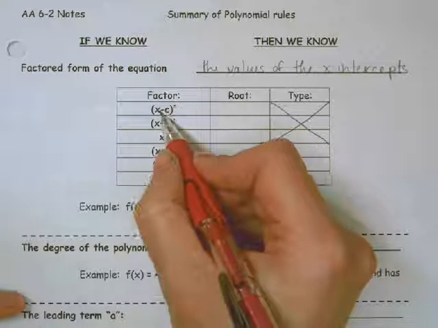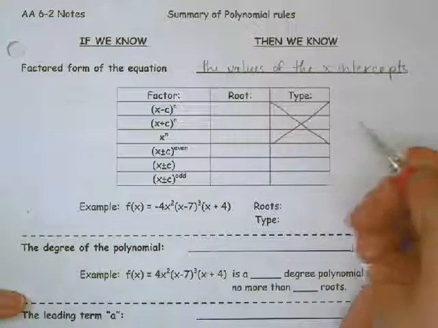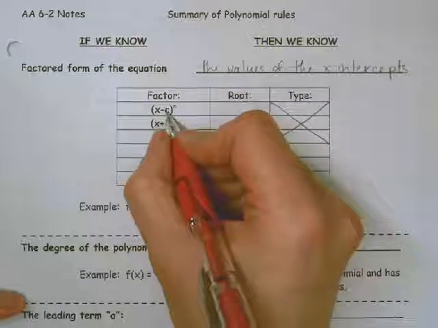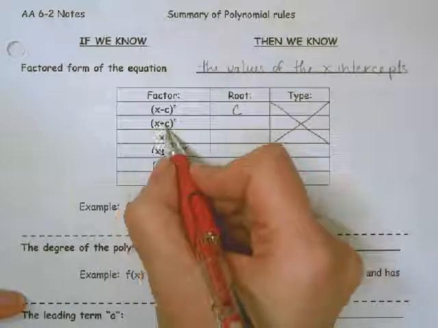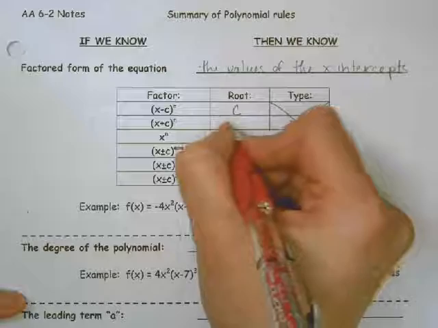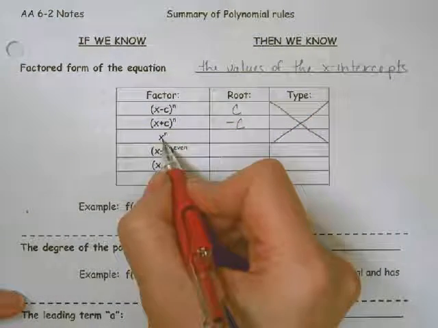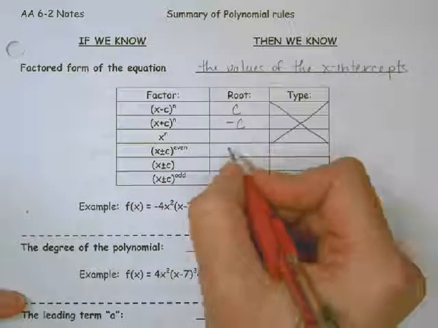If I had x minus 2, that means I have a root at +2, because that's what creates my 0. So if I have x minus c, then I have a root at c. If I have x plus c, I have a root at -c for the same reason. If I have x to the n, so there is no plus or minus anything, that means I have a root at 0.